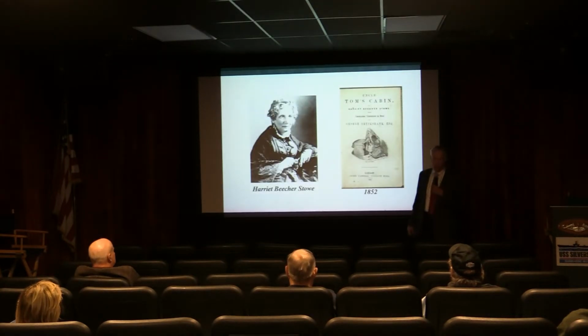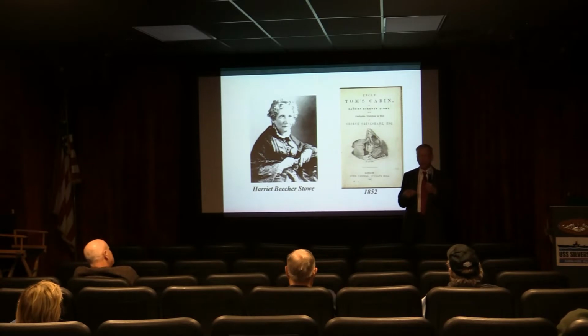Harriet Beecher Stowe wrote Uncle Tom's Cabin, which further dramatized the plight of the black people in the South and in the North trying to run away from slavery. It demonized the Southerners to the point where they said, we are not all that bad.